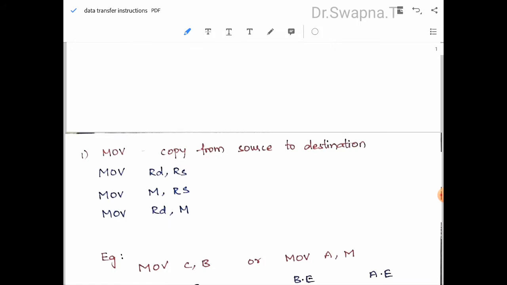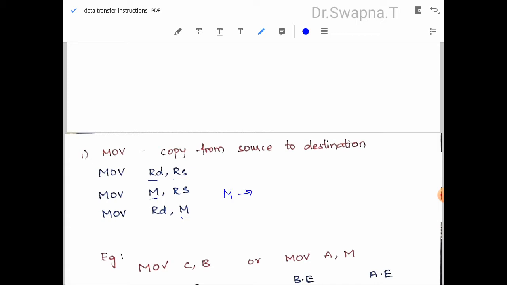First, MOV. The move instruction copies the data from source to destination. That is, this instruction copies the contents of the source register RS to the destination register RD. If one of the operands is a memory location, as in the second and third examples, then memory location means there should be an address.